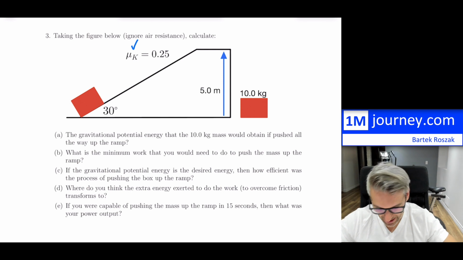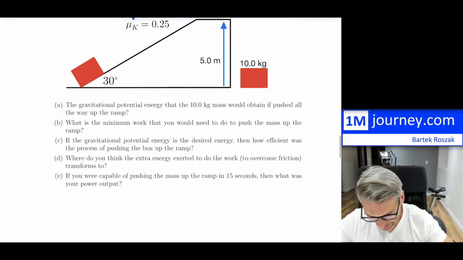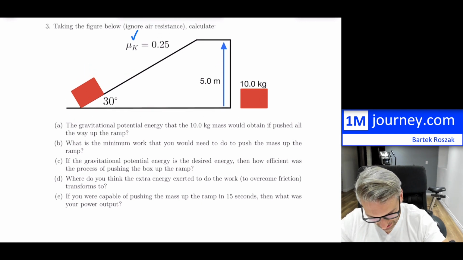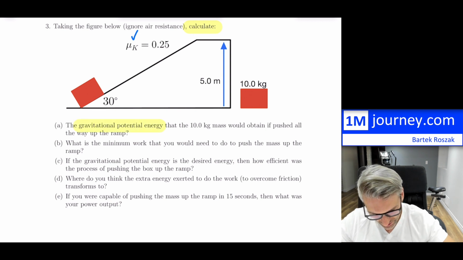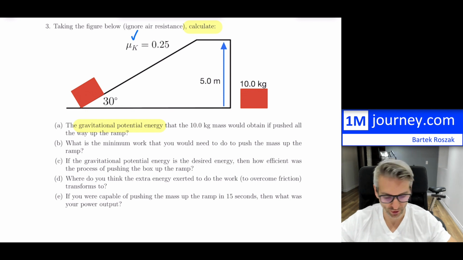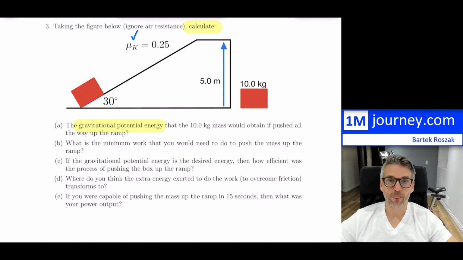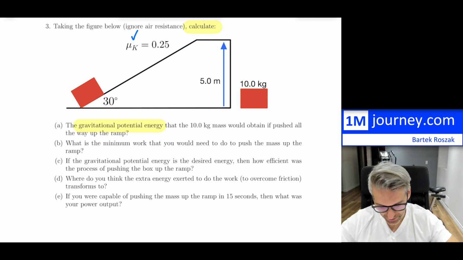Okay, so let's break it down. Part A, the gravitational potential energy. We want to calculate the gravitational potential energy that the 10 kilogram mass would obtain if pushed all the way up the ramp. You may recall that pushing something up the ramp up to a certain height, in this case 5 meters, is the same thing as lifting something up.